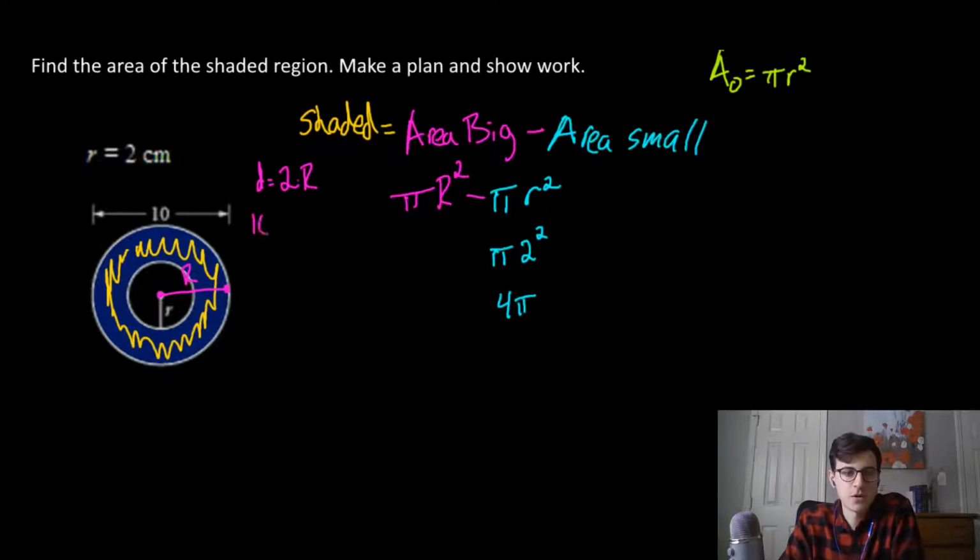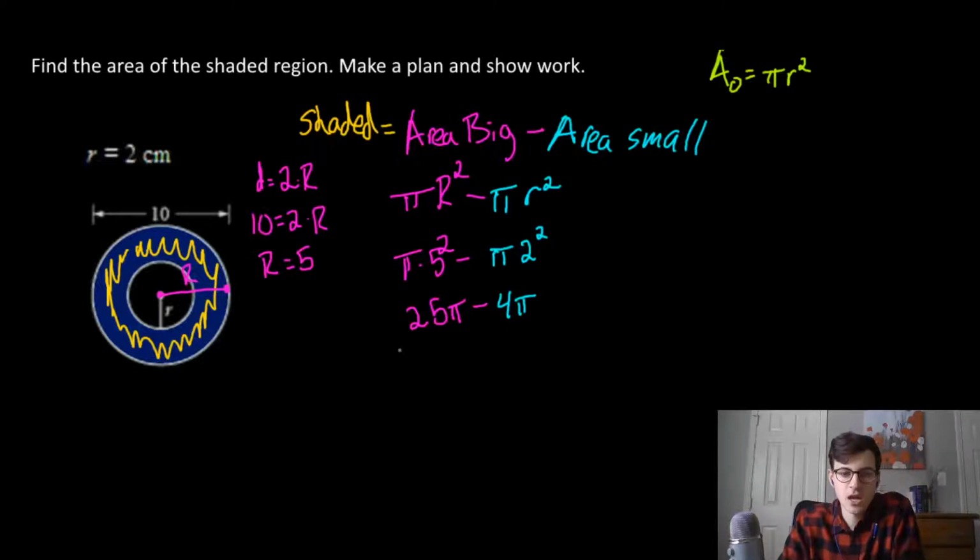So if my diameter is 10, my radius is 5, right? 10 divided by 2 is 5. So pi times 5 squared minus pi times 2 squared, that's 25 pi minus 4 pi.